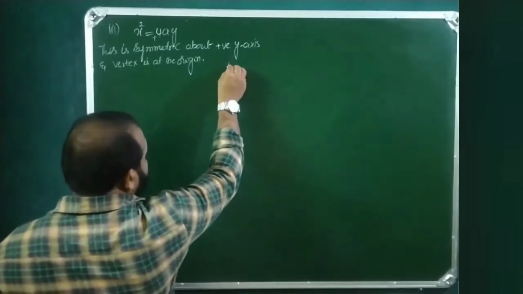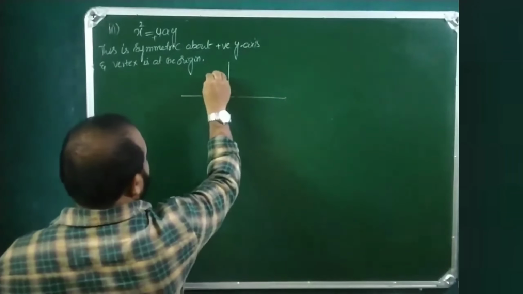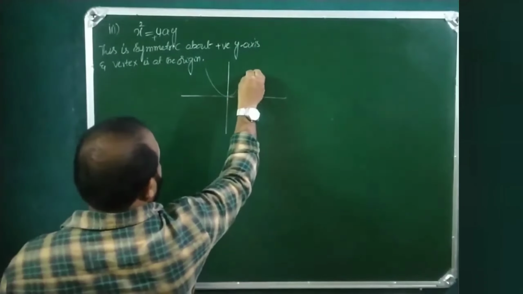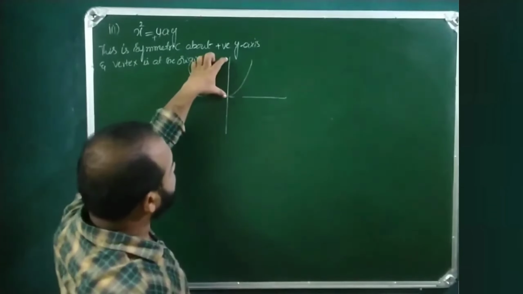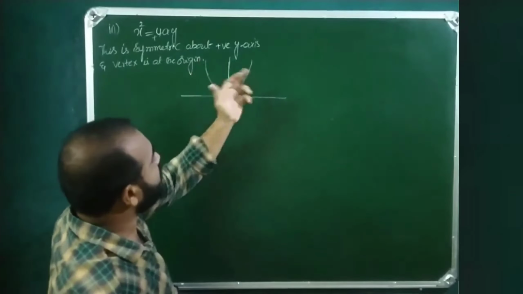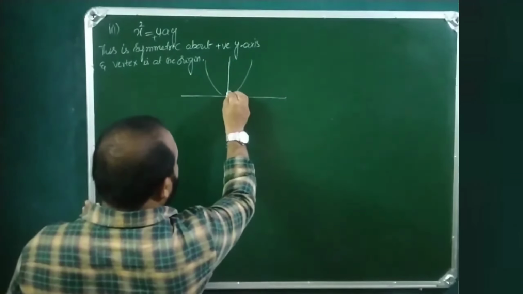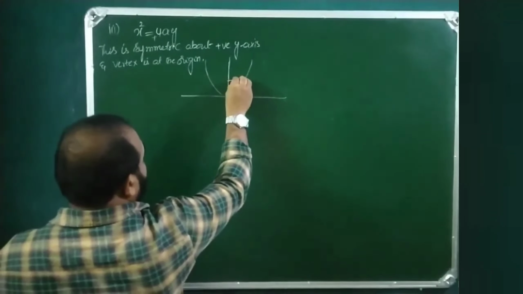So this is the diagram of this. This is the parabola. The y-axis is acting as the axis of symmetry of this parabola. And the focus is here.